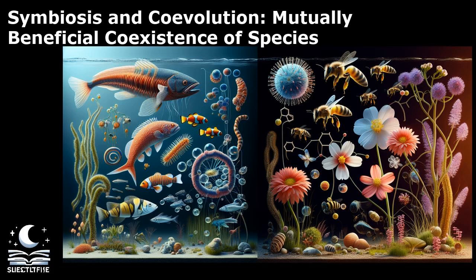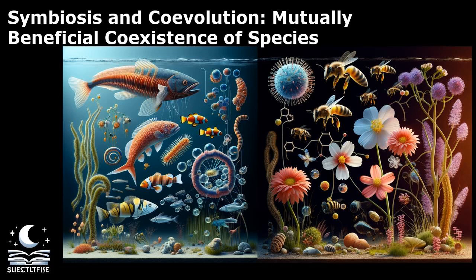Moving to the microbial world, the coevolution between gut bacteria and their hosts is a crucial example of symbiotic coevolution. Gut bacteria play essential roles in digestion and immune system function, while hosts provide a stable environment and nutrients for the bacteria. This coevolutionary relationship is so intertwined that disruptions in the gut microbiome can have significant impacts on host health.